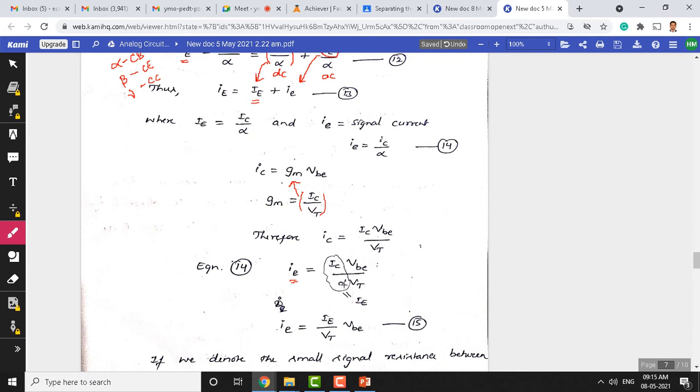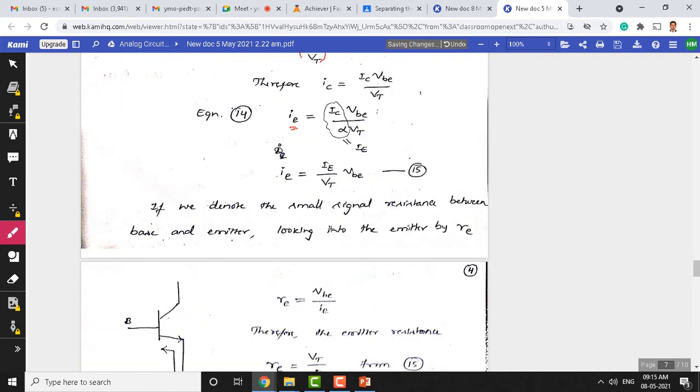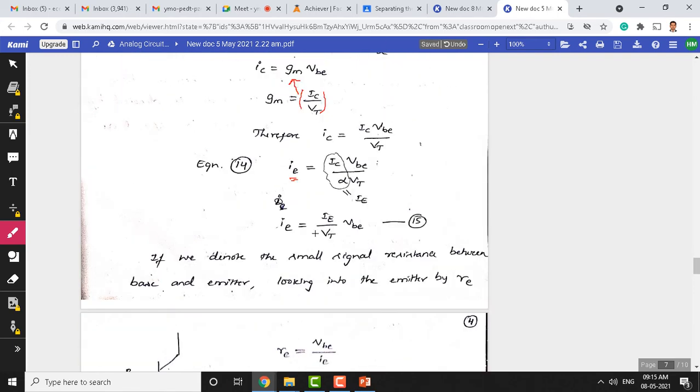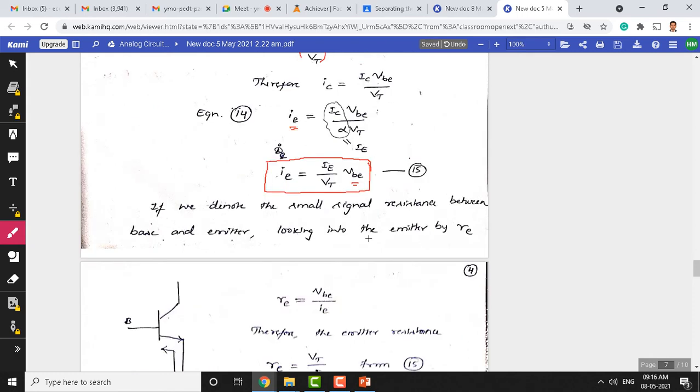This IC by alpha can be denoted as IE. So the final expression for the emitter current is ie equal to IE by VT times vbe. This is the final expression for the emitter current. Let us label this as equation 15.